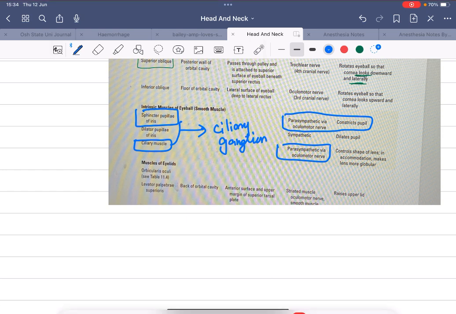It is through the Edinger-Westphal nucleus, which is the third cranial nerve nucleus. So if the third cranial nerve is damaged, there will be no constriction of the pupil and no accommodation, and the patient will develop a dilated pupil, a down and outward eye, and ptosis. These are some of the important points which you must remember. I hope it is clear to all of you.